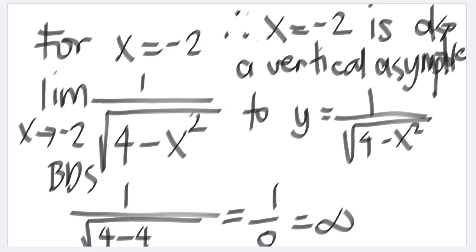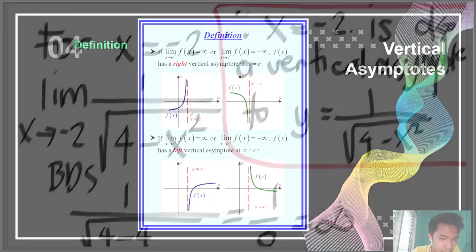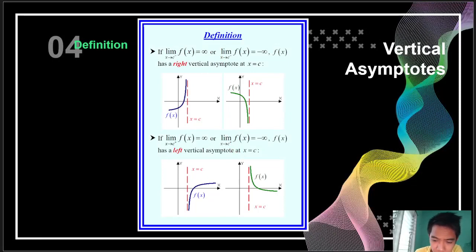Okay. So we have two asymptotes, x equals 2 and x equals negative 2. Okay, what about the number 2?